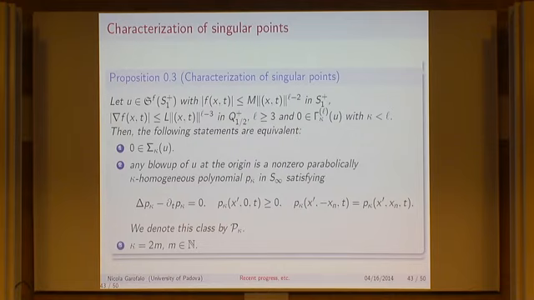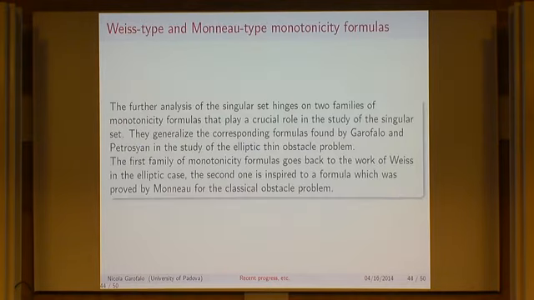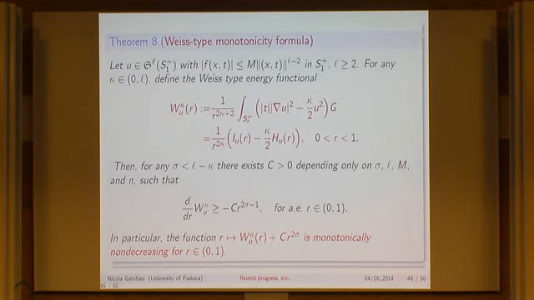I just want to say that subsequently, we analyzed the singular free boundary points, and we developed the analog of what Arshak and I have done in the elliptic case. But in order to do that, we had to prove a one parameter family of monotonicity formulas, a Weiss type monotonicity formula.